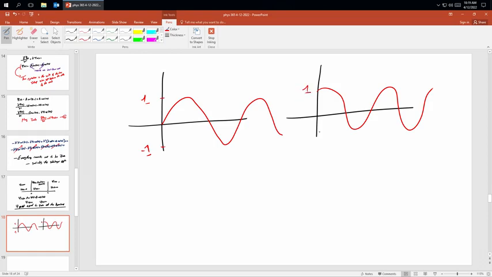This is your 1. This is your minus 1. So this is your f of x equals sine of x. This is your f of x equals cosine of x.